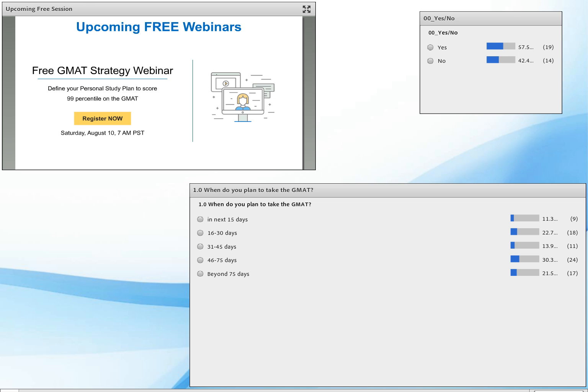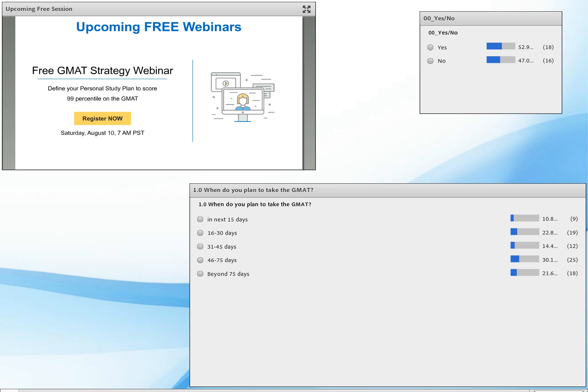So the largest segment here is actually more than 50% of the class plans to take the test beyond 45 days. Okay. Now there is a pretty big chunk of the class that's going to take the test within the next 45 days.